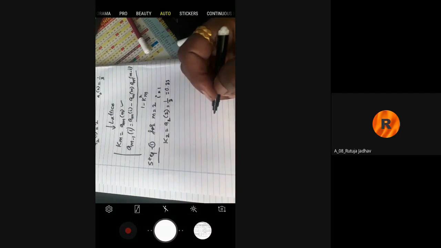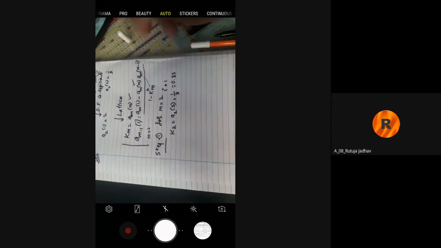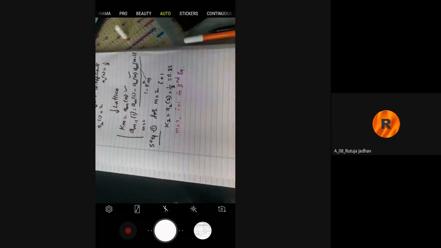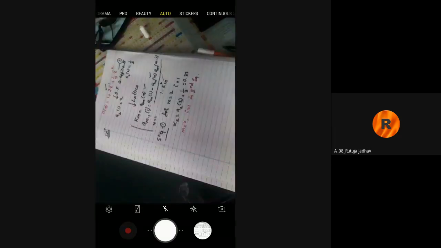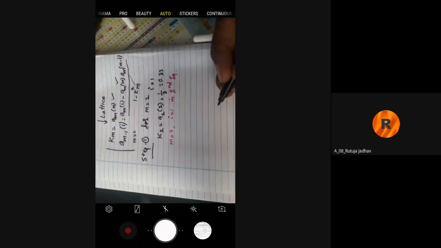Then similarly, if I substitute m equals 2 and i equals 1 in the second equation, what can I write?